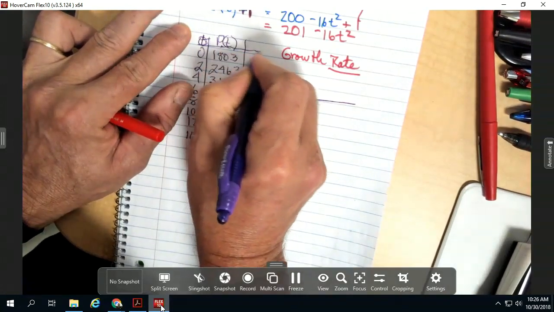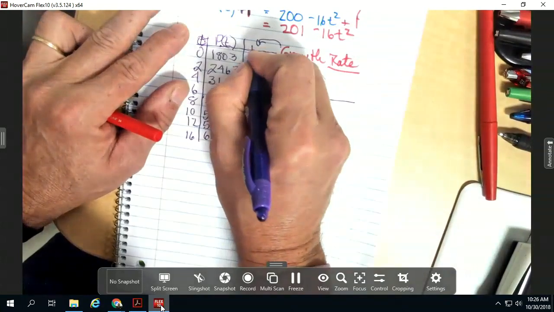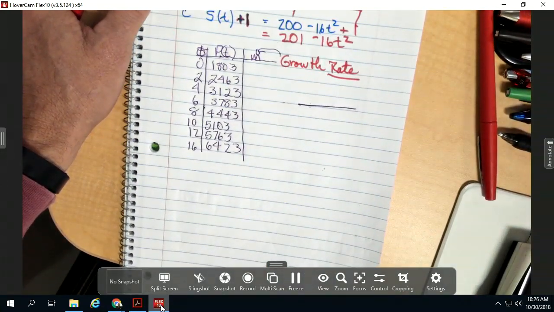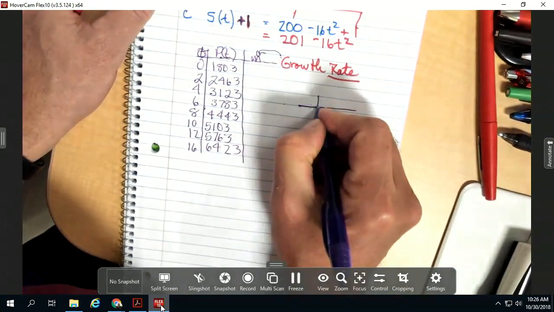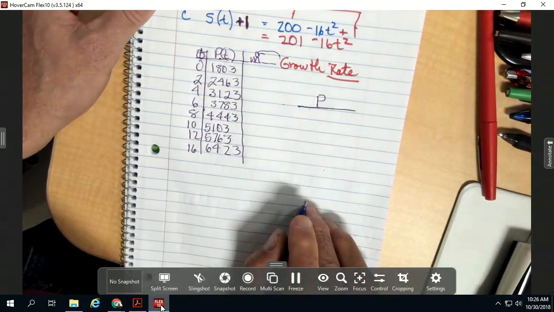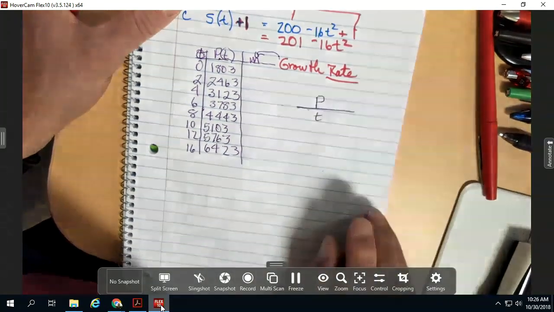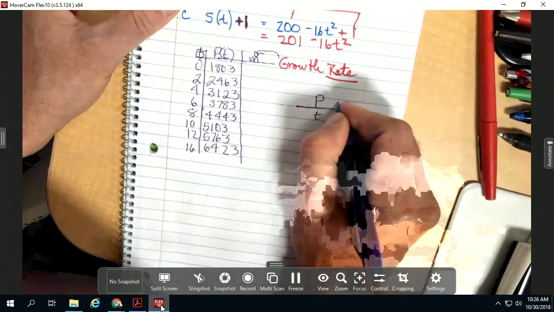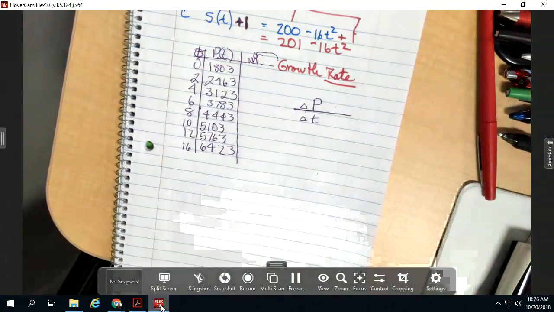So on our table, we're going to find a fraction that is the growth rate, and we're just going to call it m. What's growing? And what's it growing compared to? Okay? So we're going to do the change in population divided by the change in time.